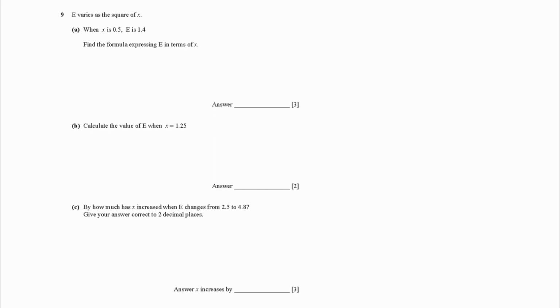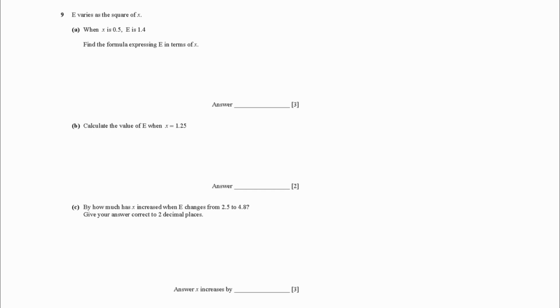This question is a good question and has a lot of applications in physics and science, but I would have liked to see a better wording of the question. E varies as the square of x. I think that basically the intention in here is saying that E is proportional to the square of x.